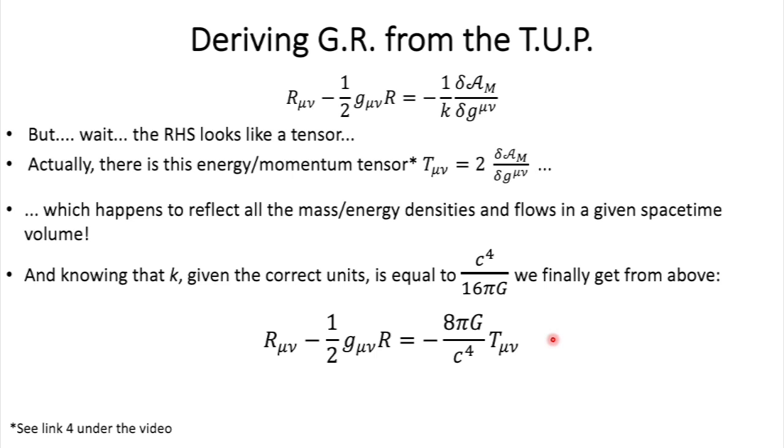So now that we saw that these equations could be derived from the thrifty universe principle, the TUP, let's see what they actually mean, because that was also the purpose of this video. Well, they mean that if the energy momentum tensor here is not zero, which means there's mass energy, the space-time geometry here is changed.